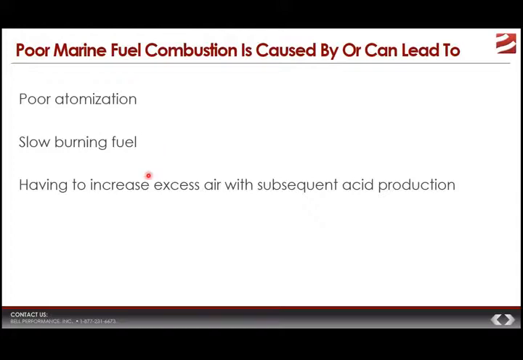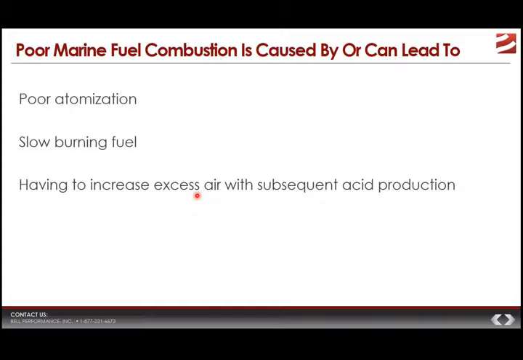And then also, if the operator has to play with the excess air in order to cope with an acid production problem, that can definitely affect fuel combustion, because you need to have enough excess air. You need to have enough oxygen, because oxygen is supplied by excess air. You need to have enough oxygen in order to burn the volume of fuel from a stoichiometric standpoint.